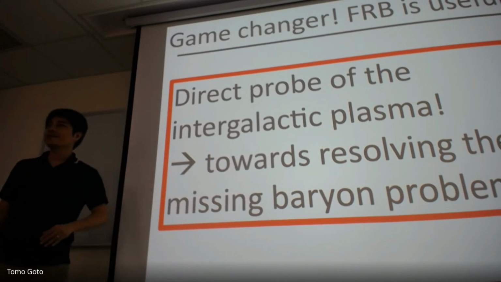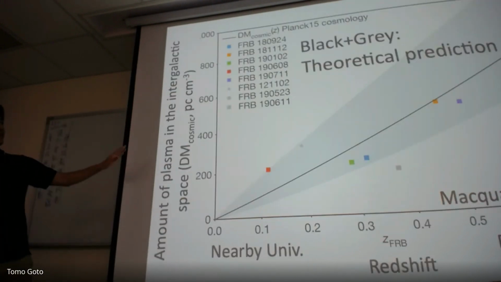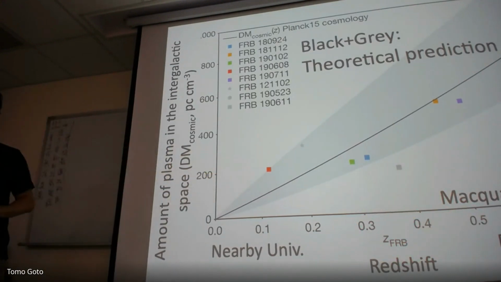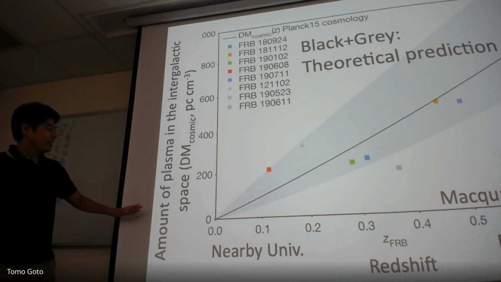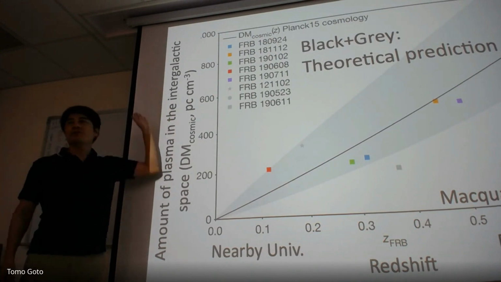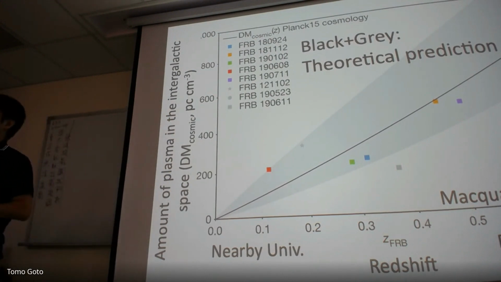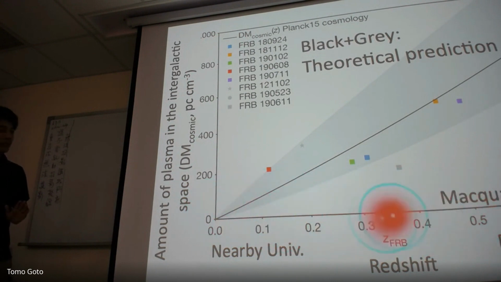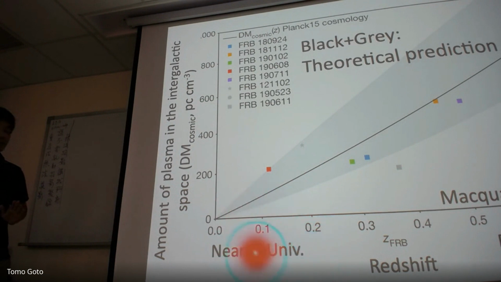Then let's see the results. This is not our paper, but this is a very famous paper in this field. Y-axis is the amount of plasma in intergalactic space, and X-axis is redshift. I don't know if you learned redshift, but say a smaller number corresponds to the nearby universe, and a larger number corresponds to the distant universe.